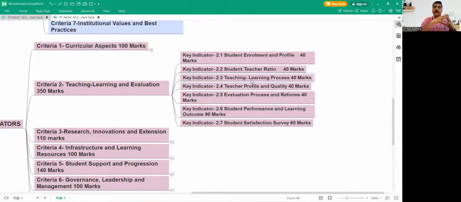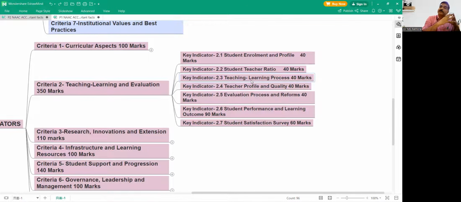Then key indicator 2.5 is the evaluation process and reforms. In the examination process or evaluation, whatever content has been taught to the students, how it is evaluated. These things would comprise 40 marks, and what new things the institution has implemented. Then key indicator 2.6 involves student performance and learning outcomes.